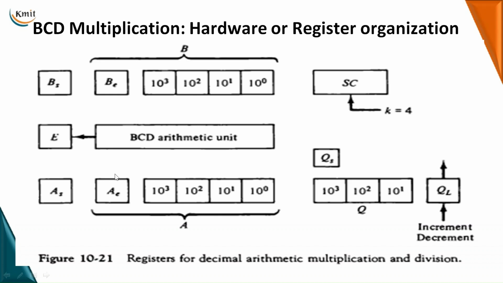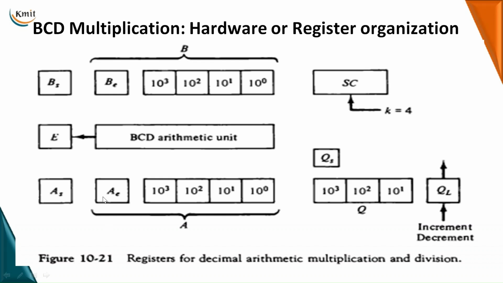Registers A and B have four more bits designated by AE and BE, which provide an extension of one or more digits to registers A and B. The BCD arithmetic unit is used to perform an arithmetic operation on the BCD numbers, and the end carry goes into the flip-flop E.